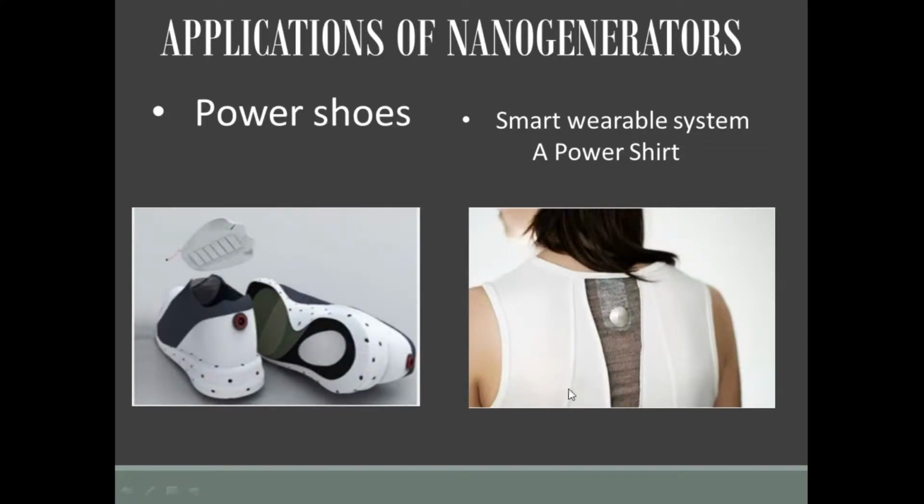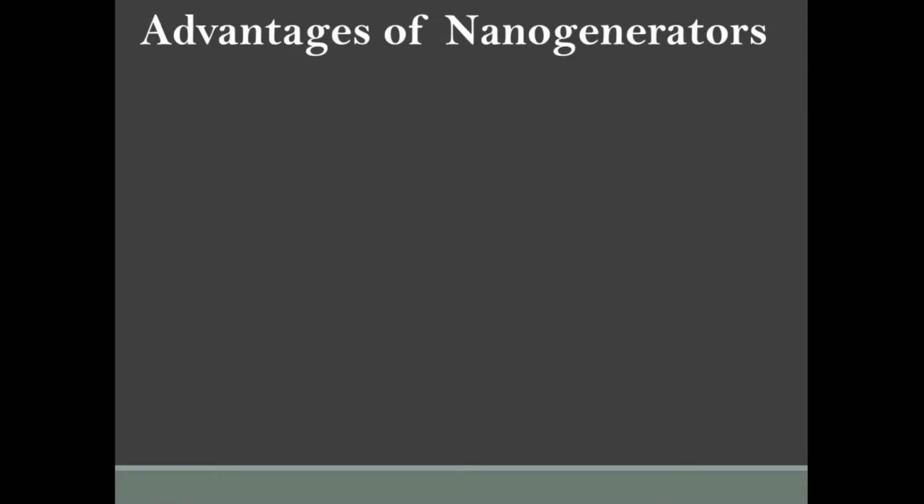We have seen these power shirts in some movies, and some dancers use them to illuminate their shirts while dancing. They can recharge their shirts just by their body movements, and when they are dancing, the shirts will definitely be charged automatically with the help of nanogenerators.